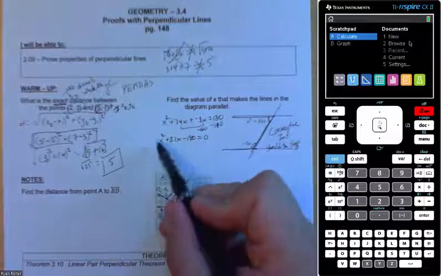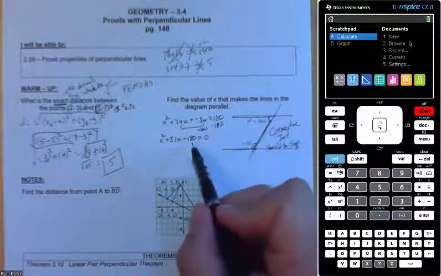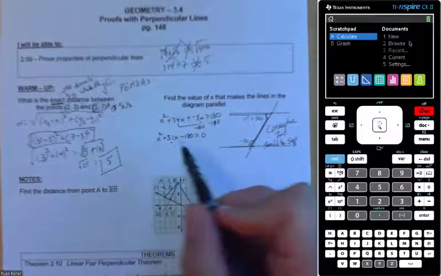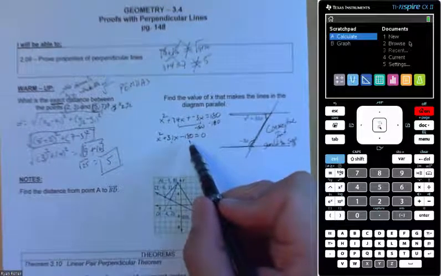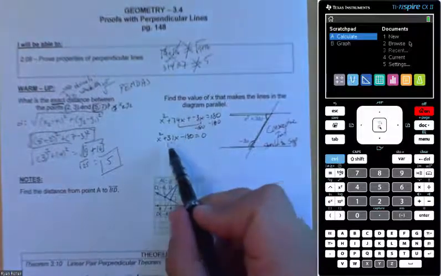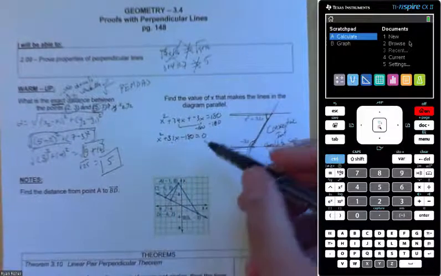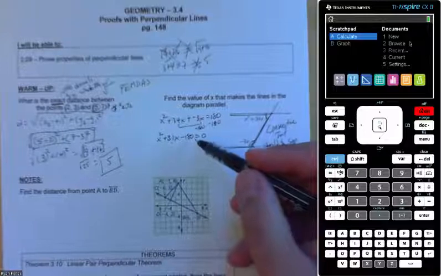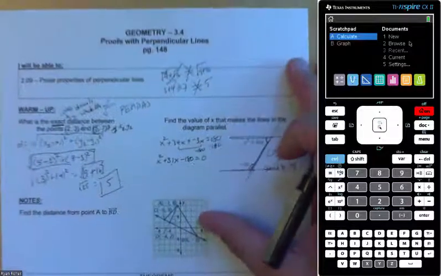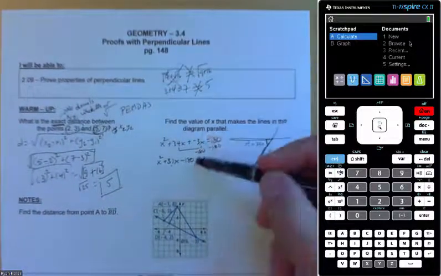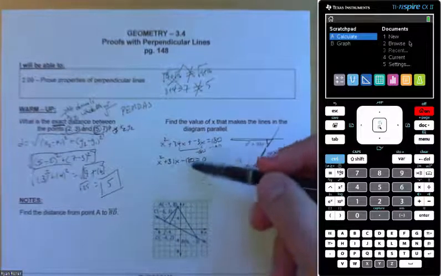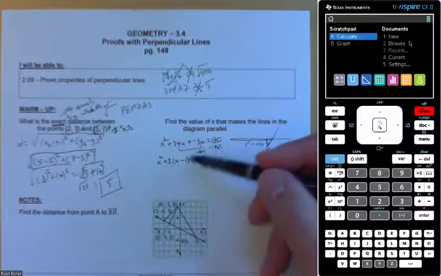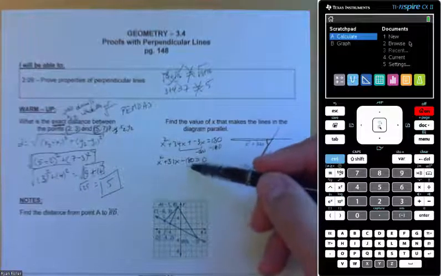The leading coefficient is 1, so I just need to find a pair of numbers that multiplies to negative 180 and adds to 31. They multiply to a negative, so one's positive, one's negative, so I'm really thinking of the difference being 31. What are some numbers that multiply to 180? I don't really know my multiples of 180 all that well, so I'm going to do some guess and checking, and try to do this in a very intentional and hopefully smart way.